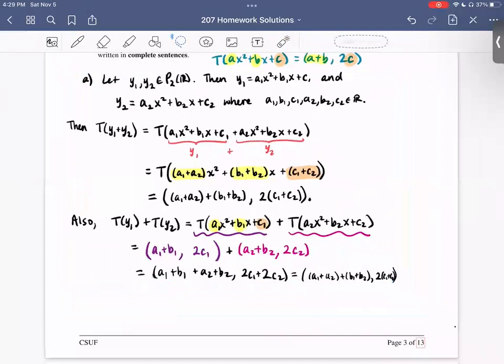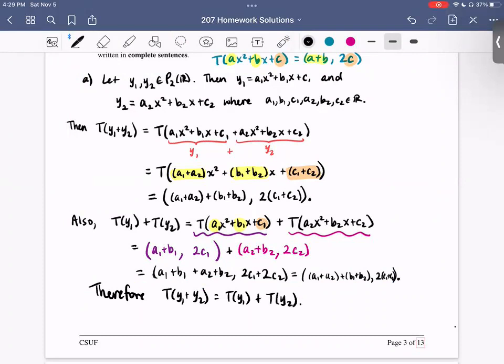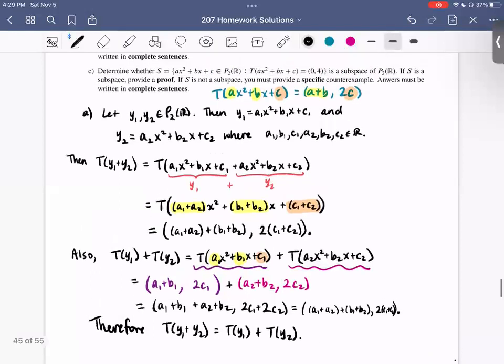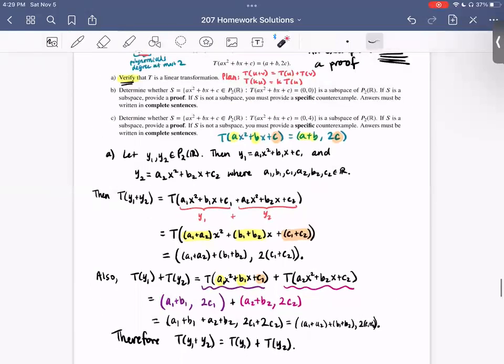So what we just showed, therefore, T of y1 plus y2 equals T of y1 plus separately T of y2. That's one part of being a linear transformation. If I go back up here, we just showed this first piece.